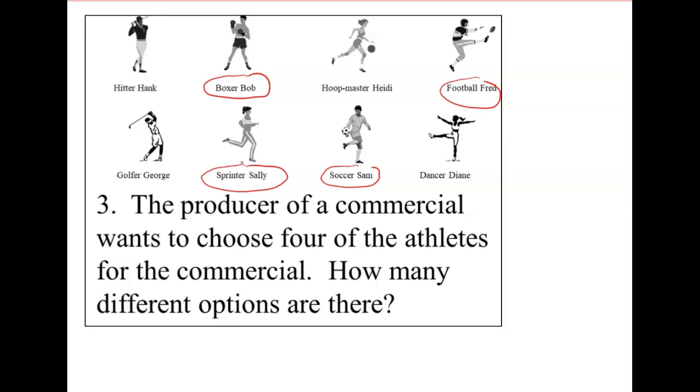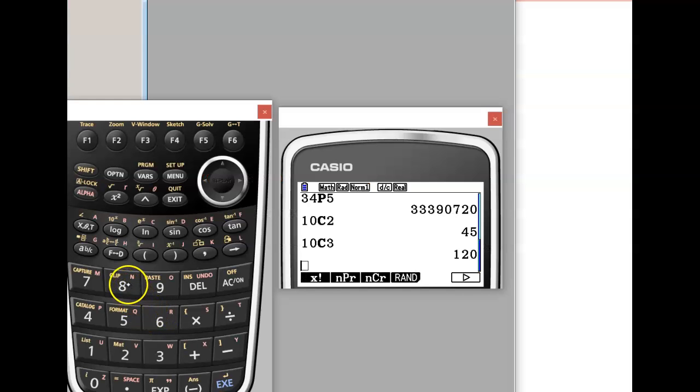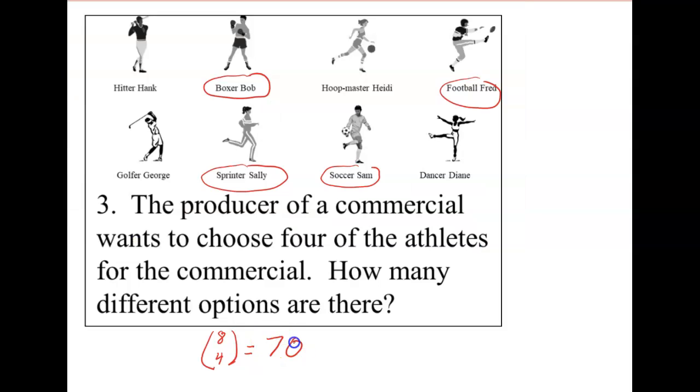So there are 8 people here, and you want to choose 4 of them. So I'm going to write 8 choose 4, and I like this notation as I mentioned. Then I'm going to get my calculator out and go 8 choose 4. And when I hit enter, I get 70. So there are 70 different groups of 4 out of these 8 people.